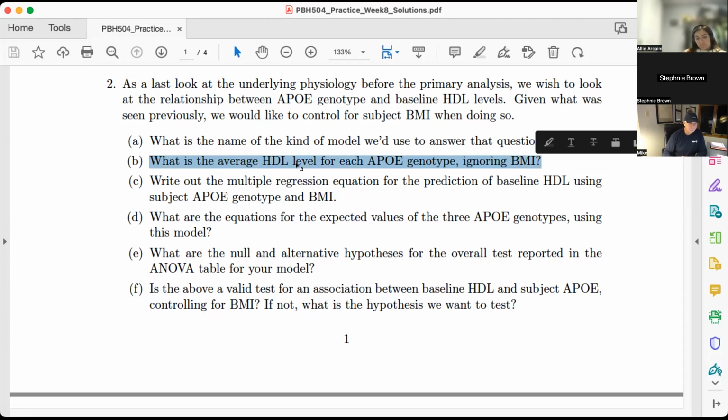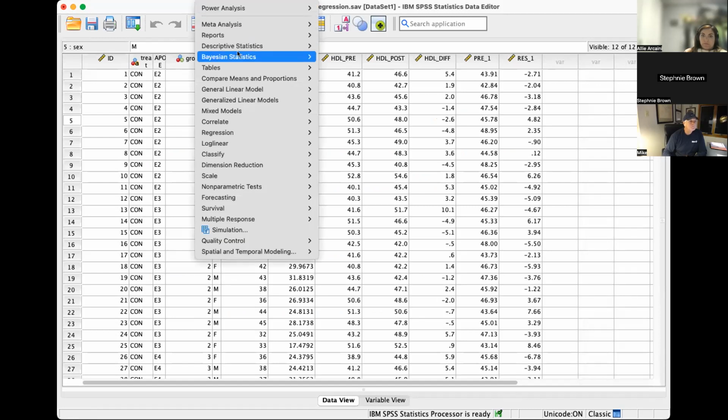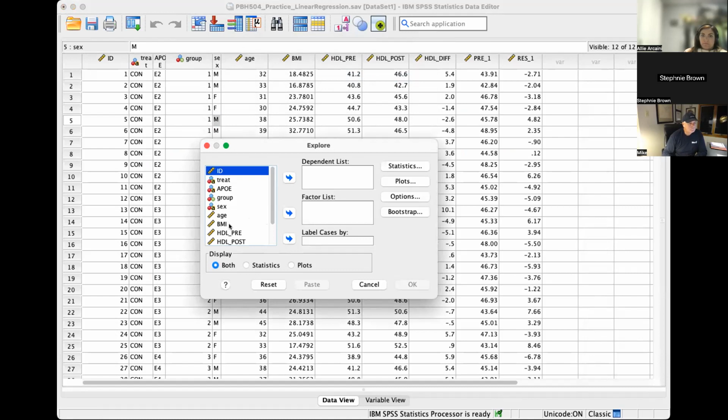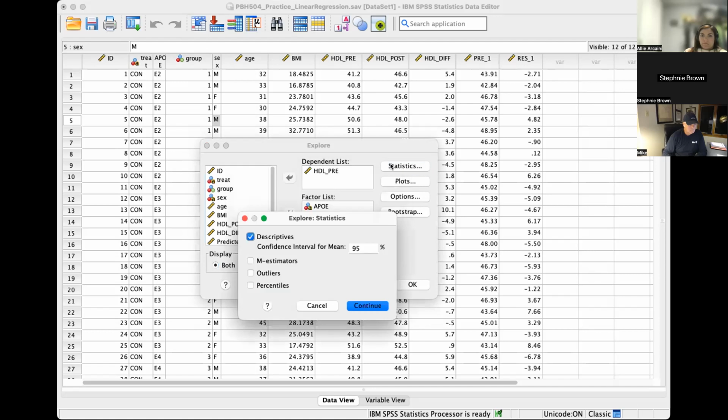Let's first look at the average level of HDL for each genotype, ignoring BMI. Then we're going to fit a regression model, including BMI, and see if that differs a little bit. Let's go back to our data set. We'll use explore, HDL, and our APO genotype.